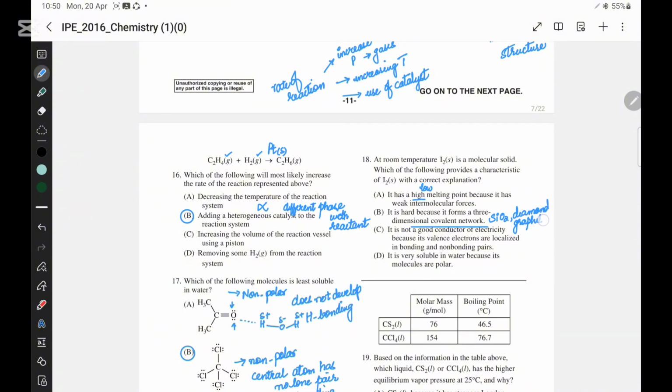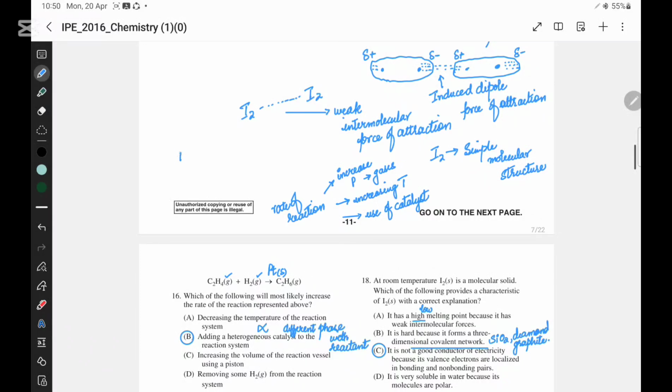Now moving towards the next question, the C part: it is not a good conductor of electricity because its valence electrons are localized in bonding and non-bonding pairs. So this is absolutely correct. It doesn't conduct electricity because if you see the structure of iodine, that's going to be like this.